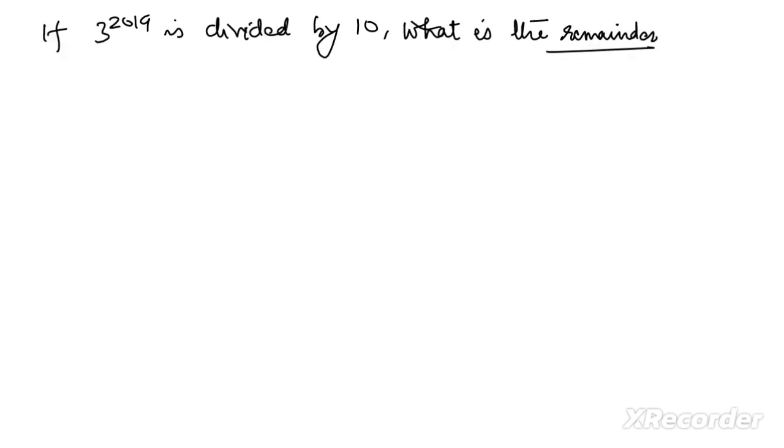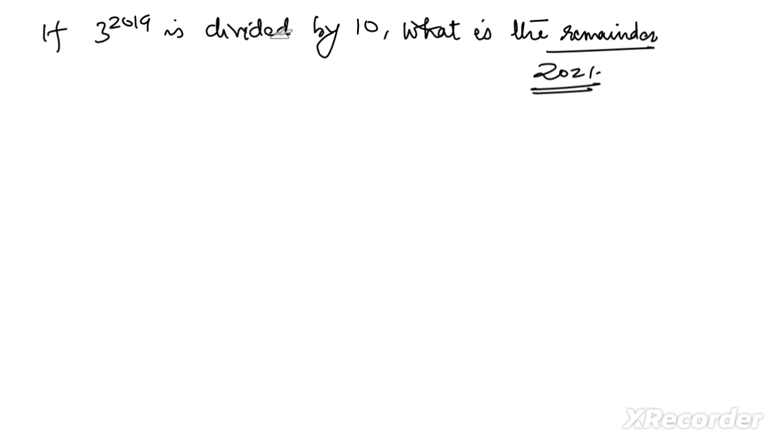Okay, this will be your last question, and this question is from UPSC 2021. The question was: if 3 power 2019 is divided by 10, what is the remainder? So we have to find this.